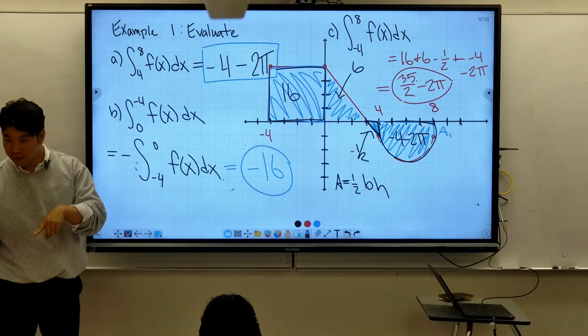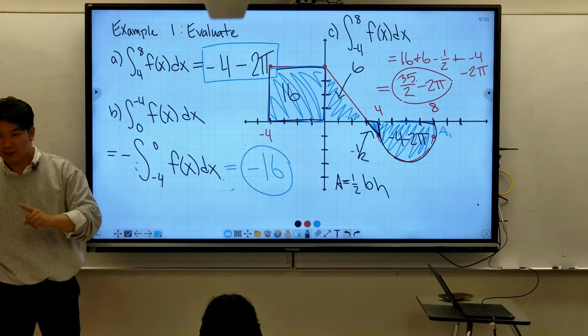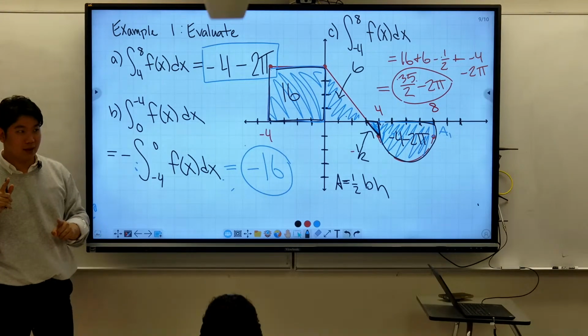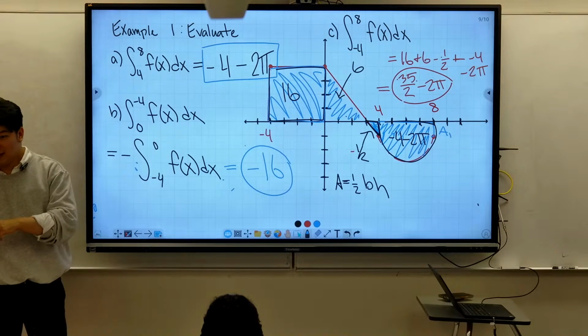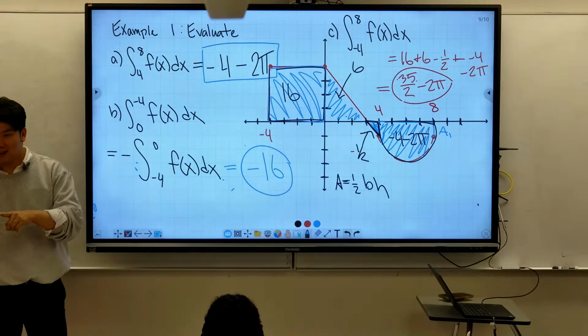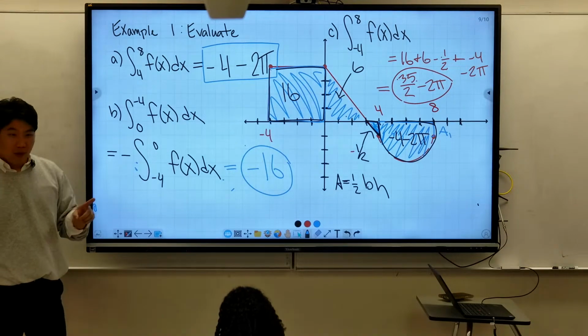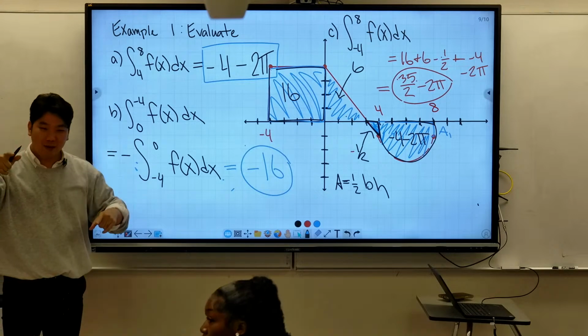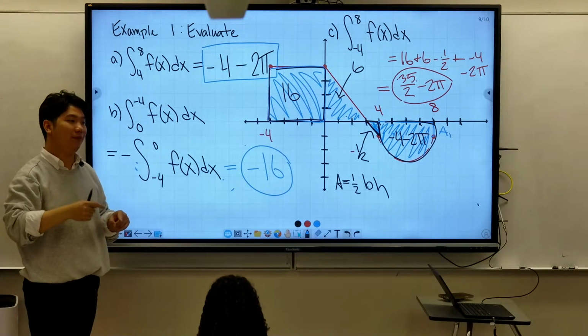The antiderivative of the integral. I think we're mixing up antiderivative and integral. We got all these fancy long words. Long story short, the definite integral is the area underneath the curve.